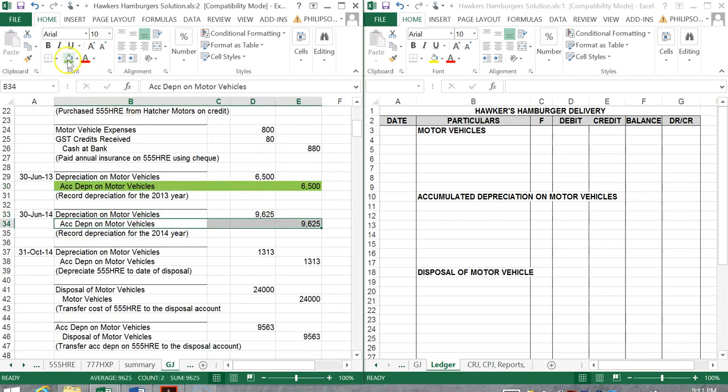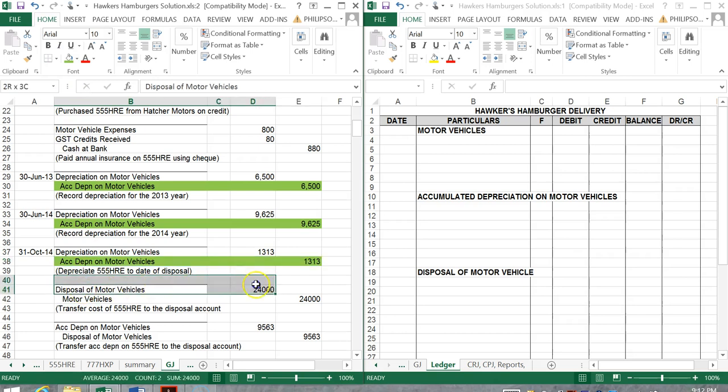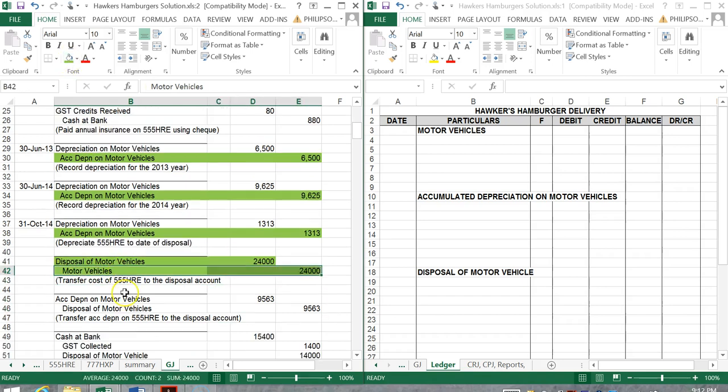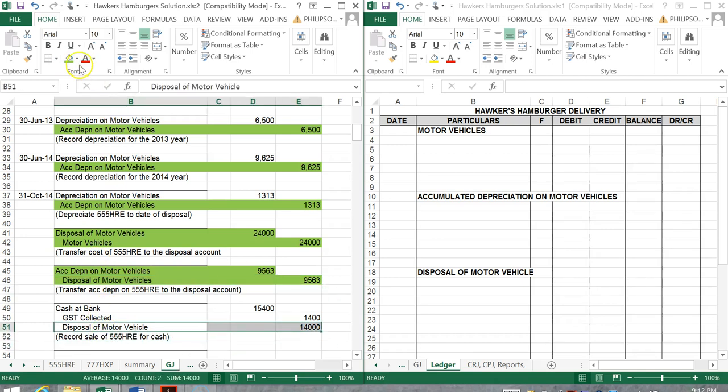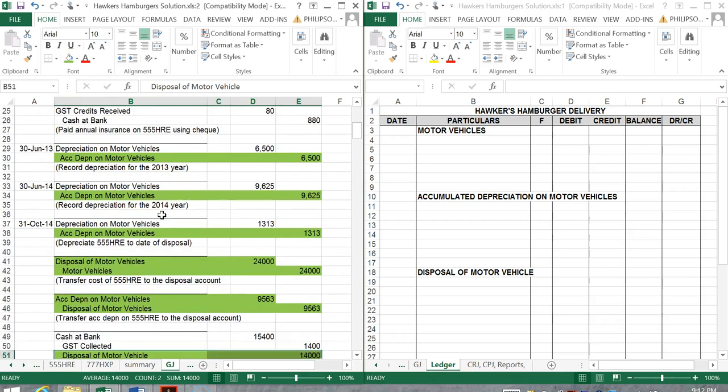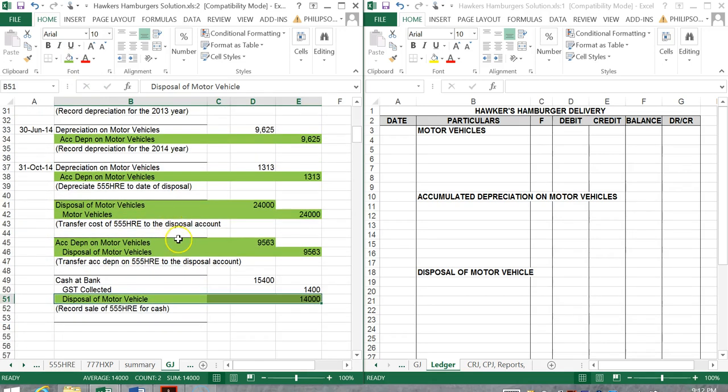And this one. And pretty much everything from these ones here. That. And this will help us get down to figure out our gain or loss on sale.